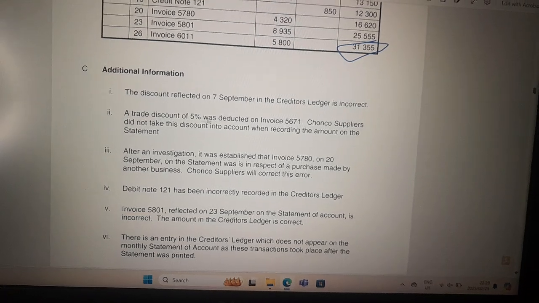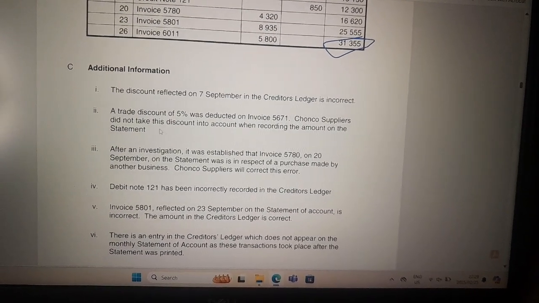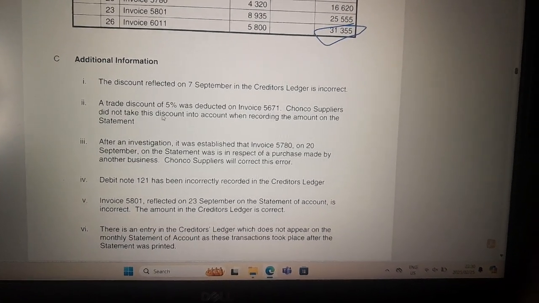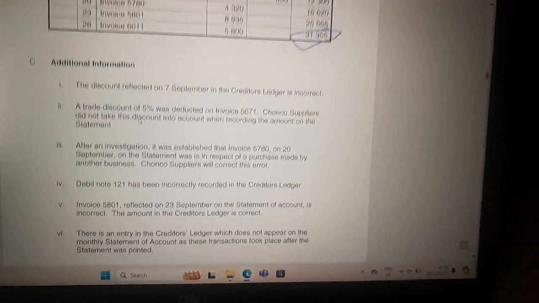A trade discount of 5% was deducted on invoice 567. Chonko suppliers did not take this discount into account when recording the amount on the statement. By reading that, guys, the first thing you have to do is identify who did something wrong.